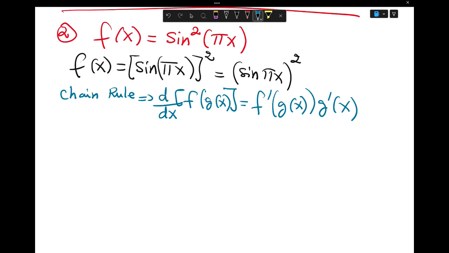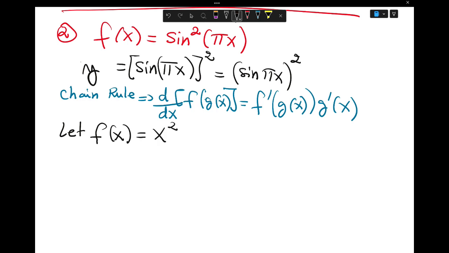So let f, I should have used something else, but let me do this so there's no confusion. Because I want to use f here, let's say f of x equals x to the power of 2.